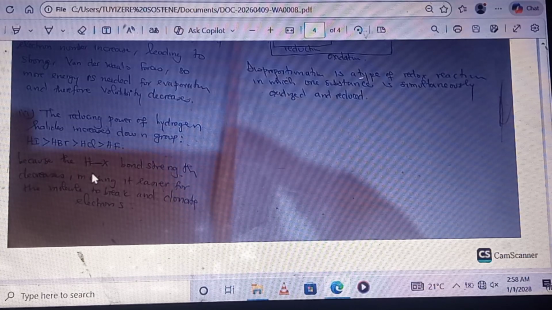The reason is that the bond between hydrogen and the halide weakens, making it easy for the molecule to break and donate electrons.